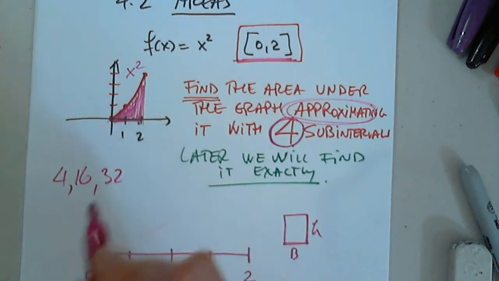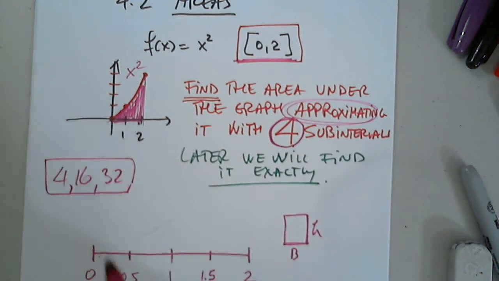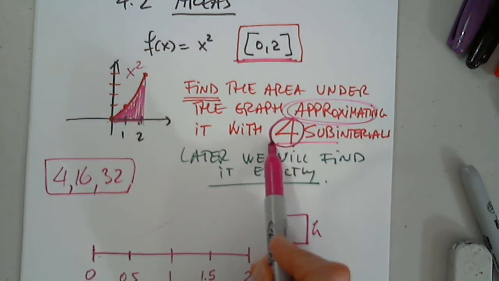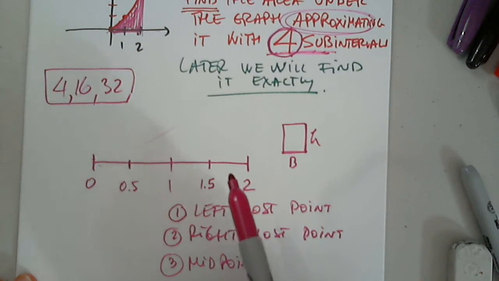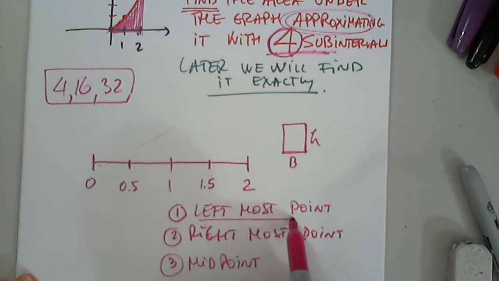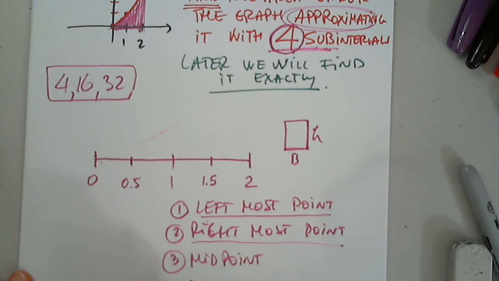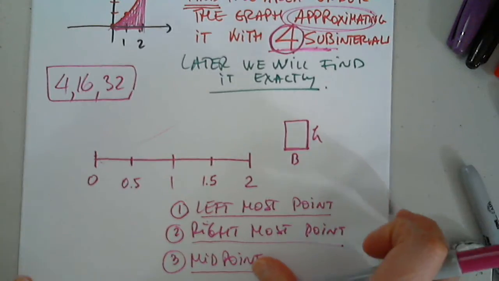Why not 32? We will get to that in a minute. So for now, the question is asking us to use 4 subintervals and illustrate and find the area using the leftmost point. After that, one more time, the same area using the rightmost point, and the third time, the same area using the midpoint. Okay.